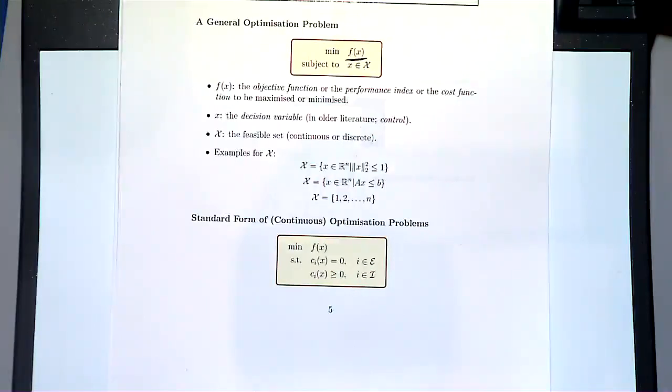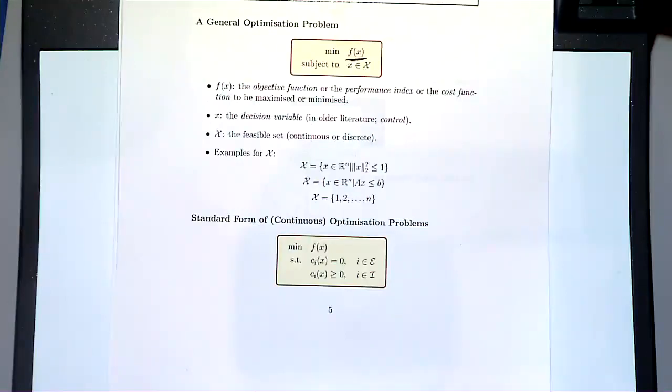Sometimes we want to minimize it, sometimes we want to maximize it. Again, the name that we give to that object really doesn't matter. In different areas, we can call it different things. You have to understand why we put it there. It's something that we want to either maximize or minimize.